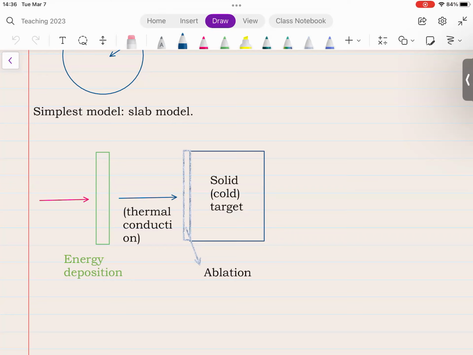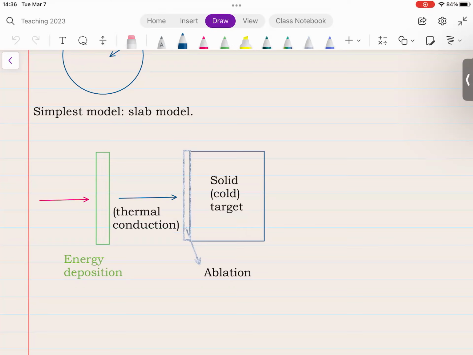I can make this a little bigger. Oops, and I cover my arrow. So that arrow indicates thermal conduction there.